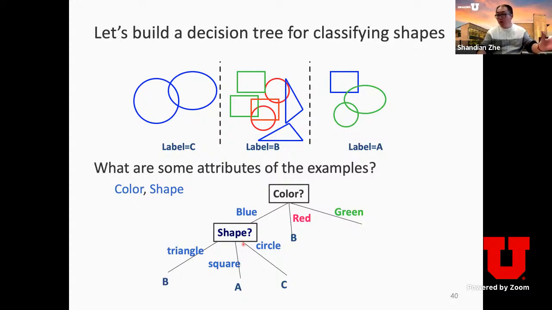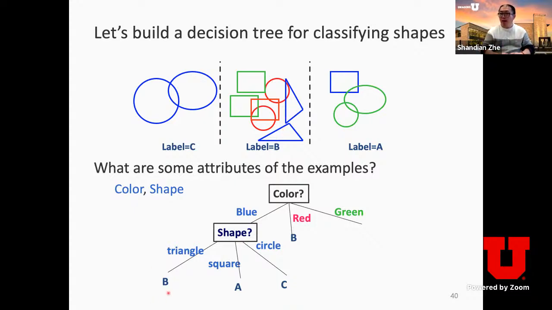And this time we're going to use the attribute shape. We have three types of shape: triangle, square, and circle. And then after partition, we look at what the labels are for each subset. First, blue triangles all belong to label B, so we can stop.